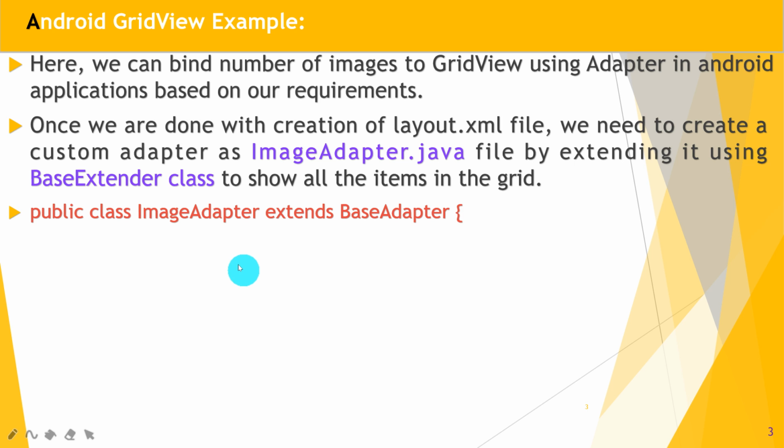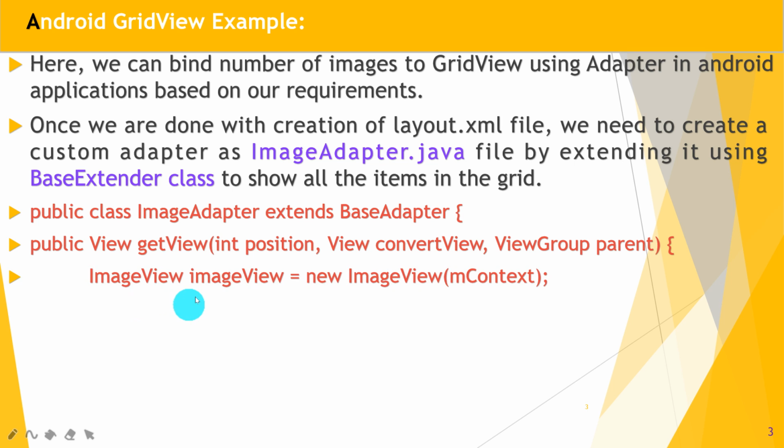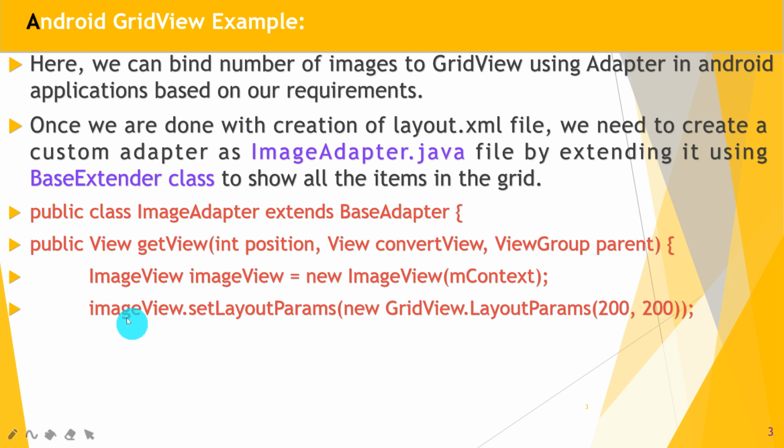The most important is getView. So in the public View getView method, here we can create an object of ImageView, then new ImageView(mContext), then call the setLayoutParams method on the ImageView object, passing new GridView.LayoutParams of 200 by 200 pixels.